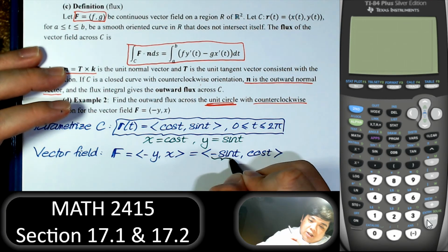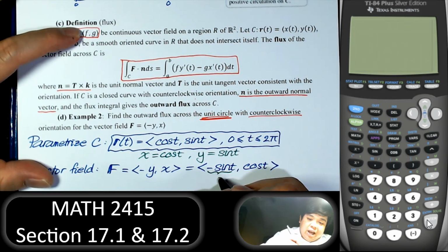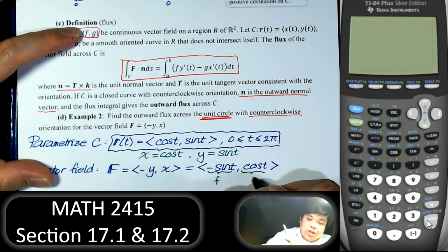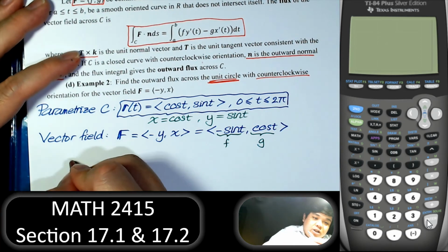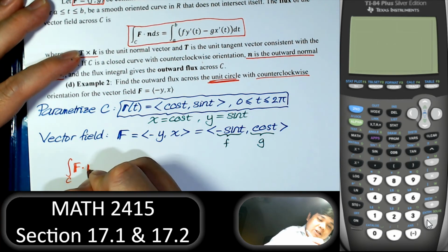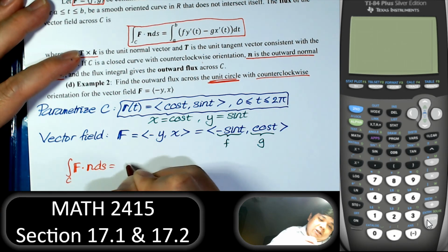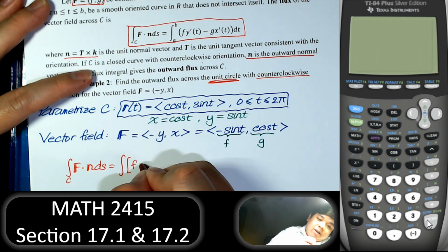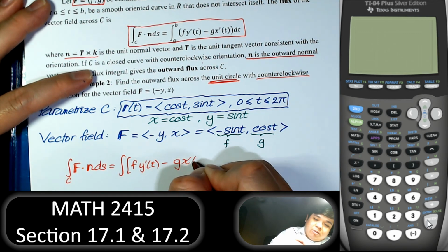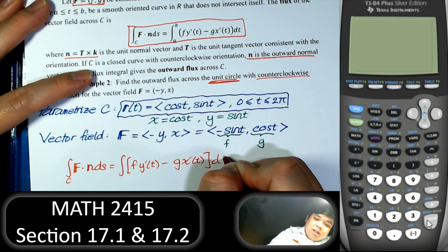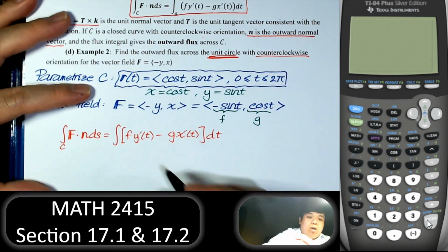So this is going to be F, this is G. I said this is not the focus of the section, so I'm just going to write the formula. So I have F times y prime minus G times x prime, dt. t goes from 0 to 2 pi in this case.